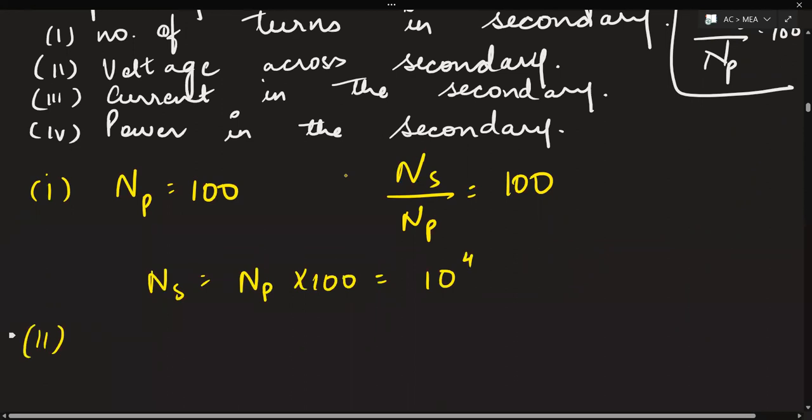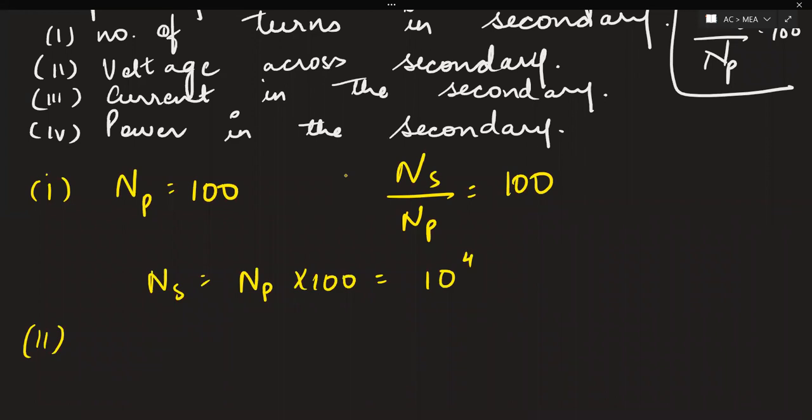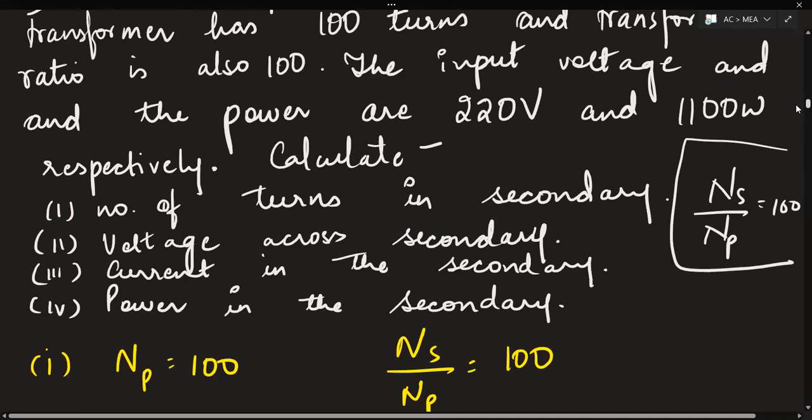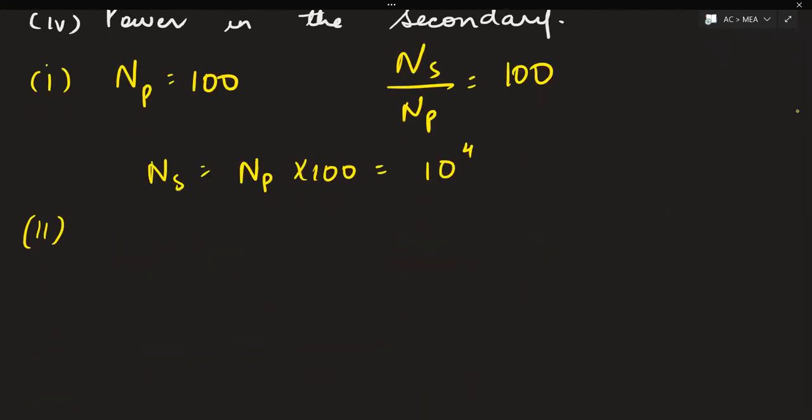The second part says voltage across the secondary. Any information about the primary? Input voltage is given as 220, so the voltage in the primary is 220. We need to calculate the voltage in the secondary.